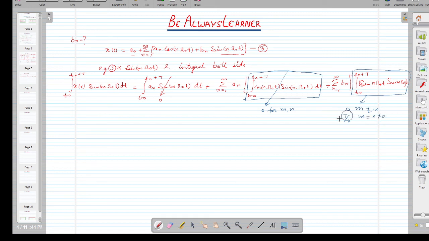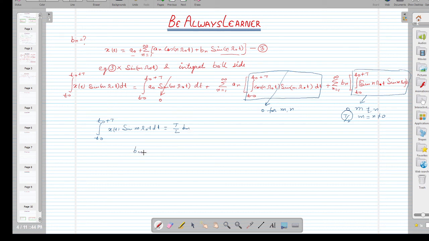So using this we can write that the value of this integration from t naught to t naught plus capital T x(t) sine of m omega naught t dt is equal to T by 2 multiplied by Bm.